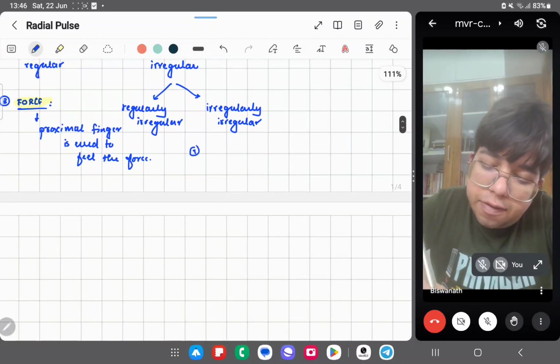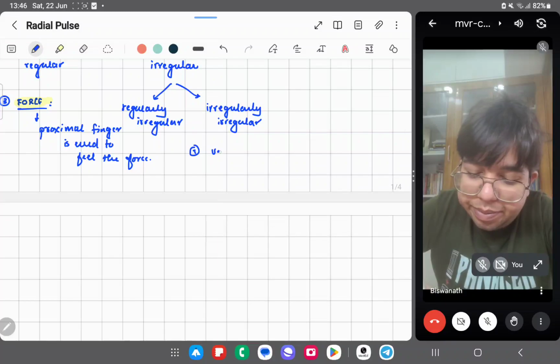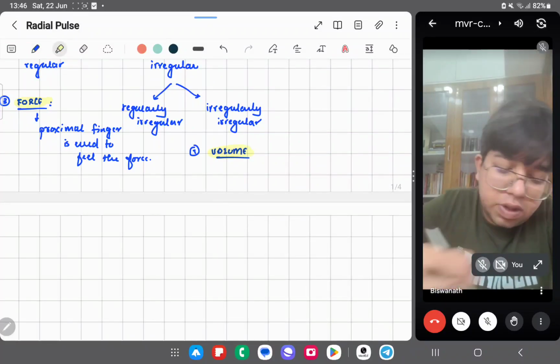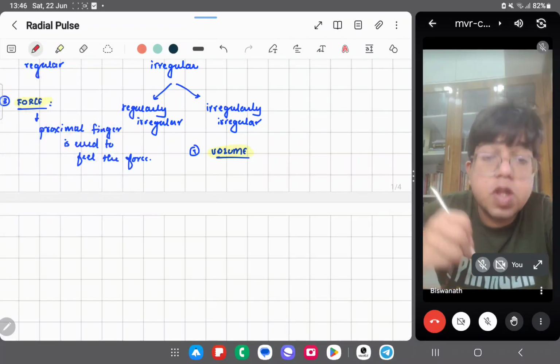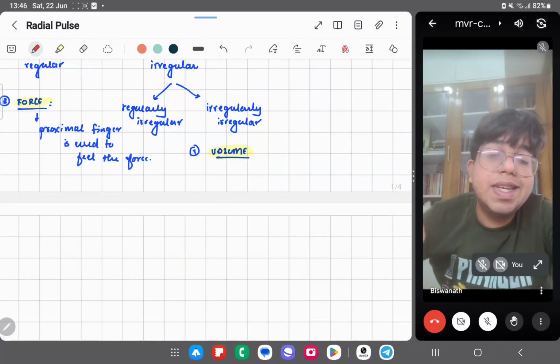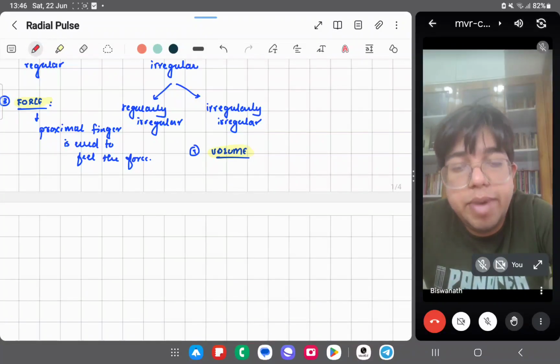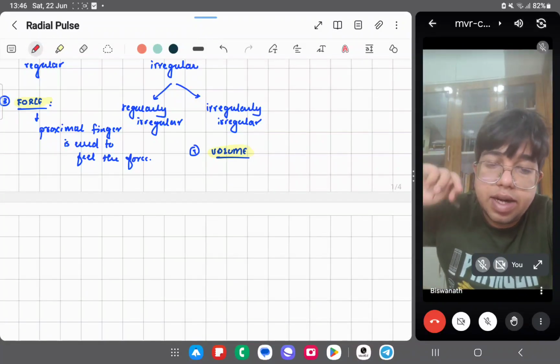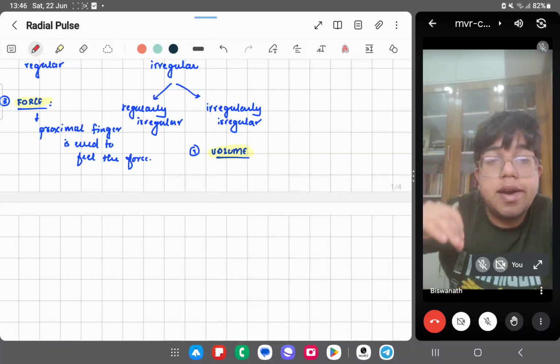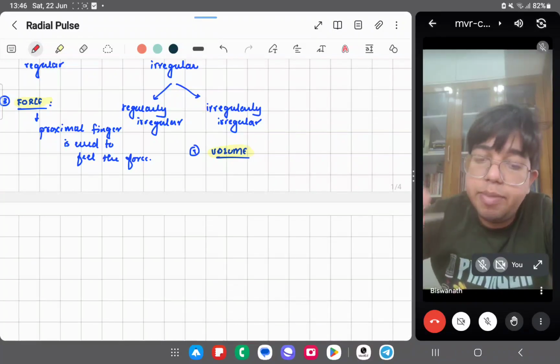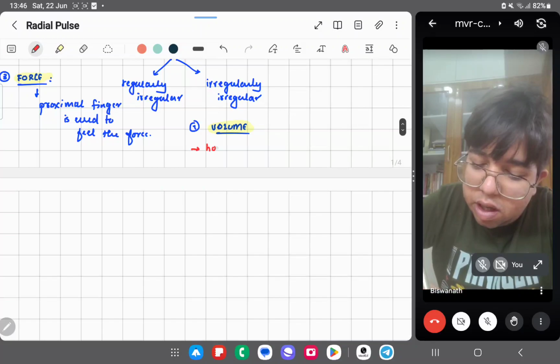Fourth thing is the volume. After force, we get volume. So what about volume? Volume is basically the amplitude, the degree of expansion of the artery under the middle finger. How much the artery is expanding under the middle finger.